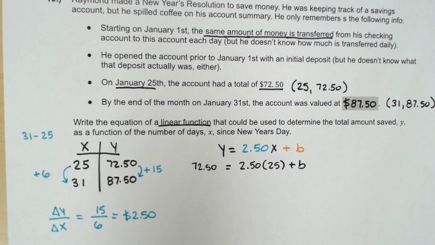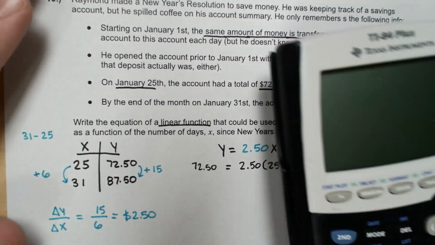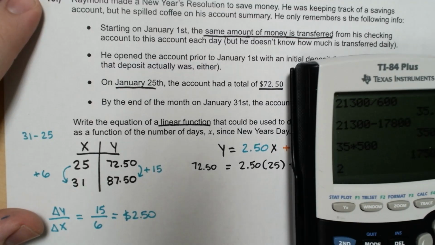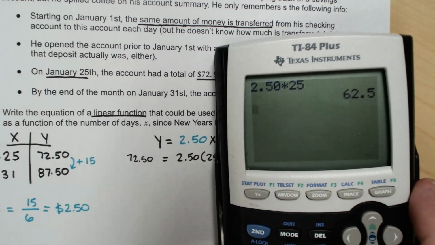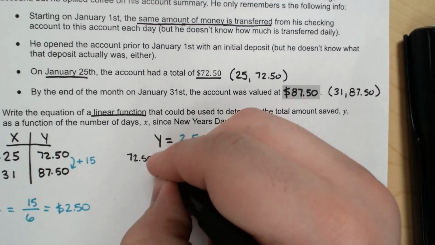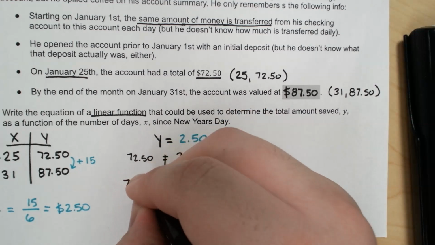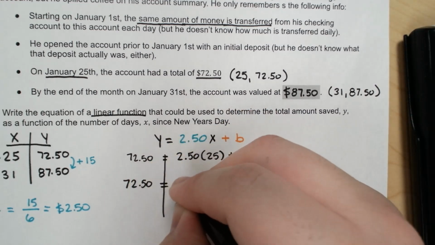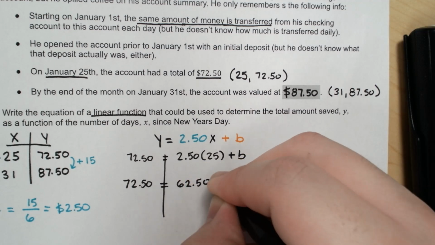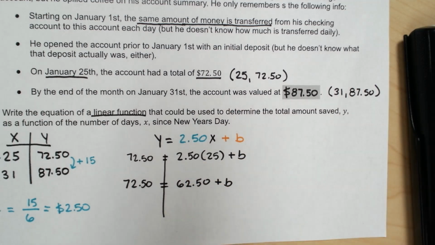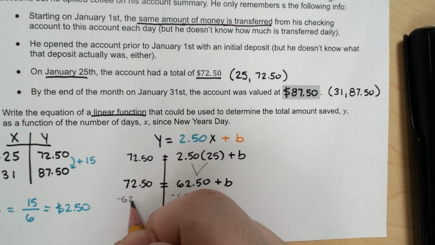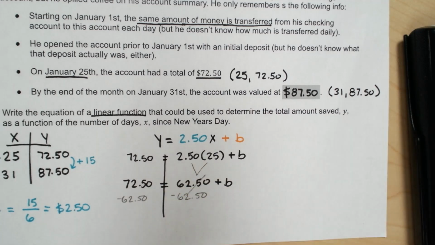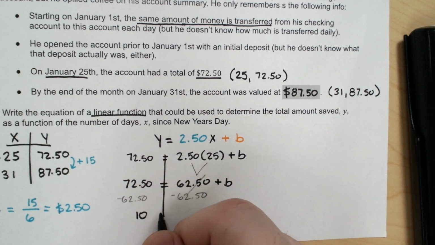And now, let me grab my calculator because I'm not doing this one in my head. 2.50 times 25 is 62.50. And then subtract 62.50 from both sides, and you get 10.